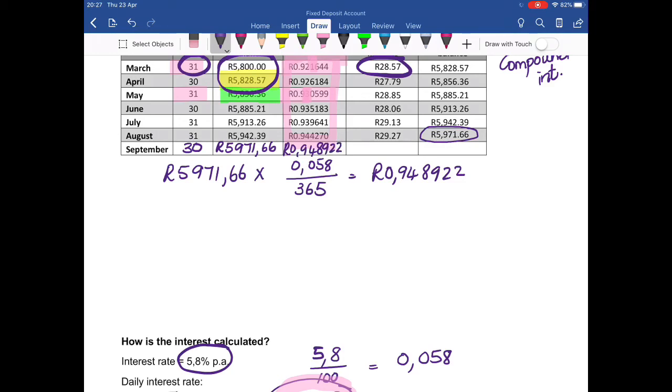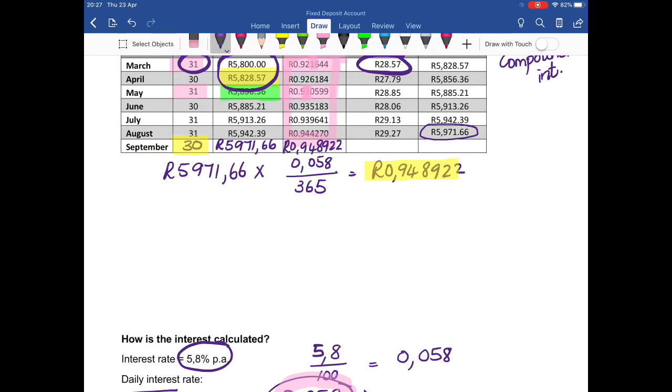And then September has 30 days, so I'm going to take that and multiply it by 30 days.